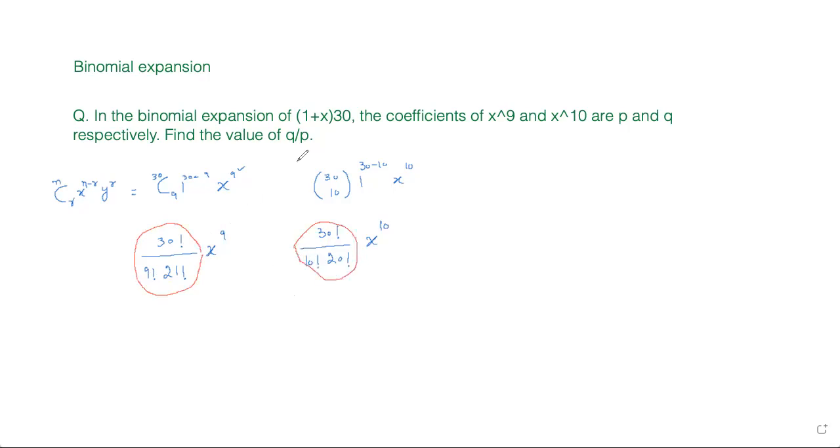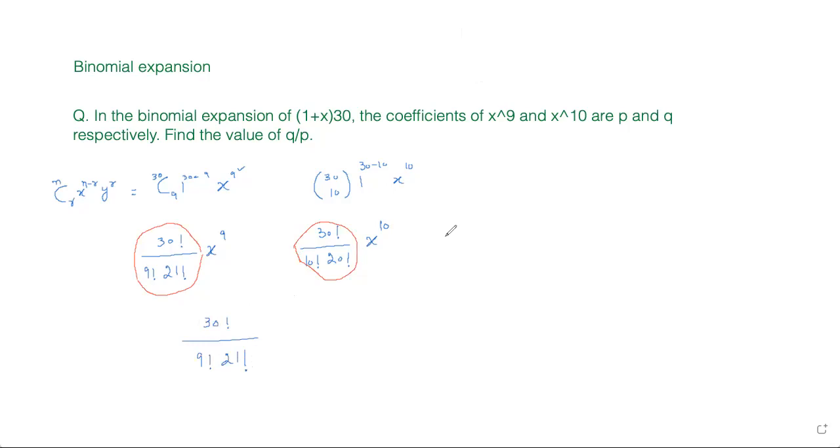Before solving it further to get one particular number, we can simply divide them, meaning 30 factorial divided by 9 factorial times 21 factorial.